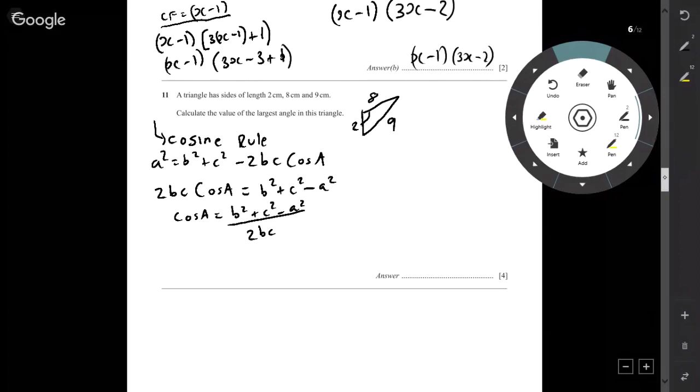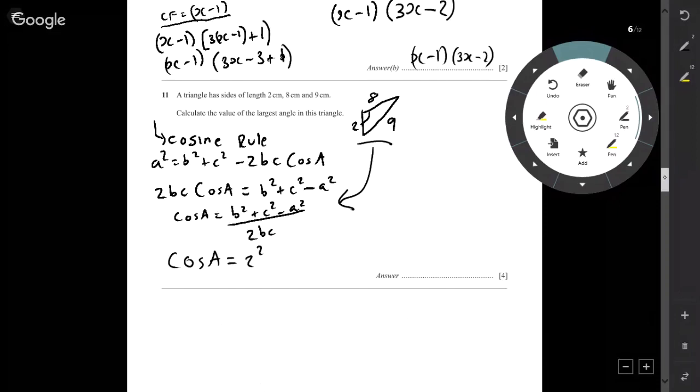Now, question 11, a triangle has sides of length 2, 8, and 9. So I've drawn this triangle. The largest angle is going to be this one here, opposite the longest length. So using this diagram, we can now substitute into the cosine rule. So the angle is A, we're looking for, equals B and C, doesn't matter too much.